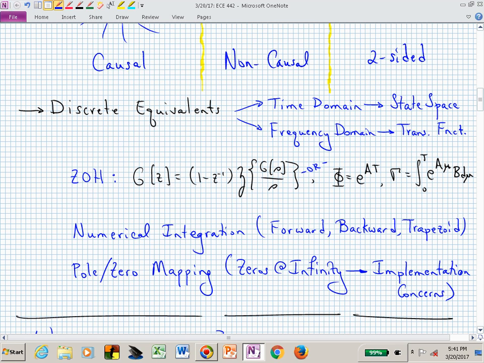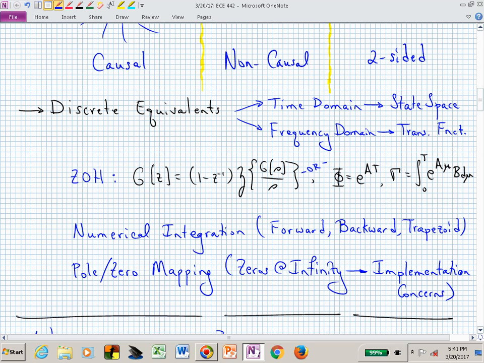We could also do numerical integration in state space or frequency domain, and that's just replacing s with a particular z domain expression. We could do the forward, the backward, or the trapezoidal.